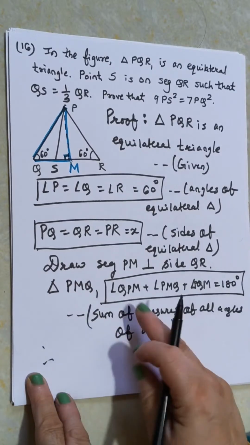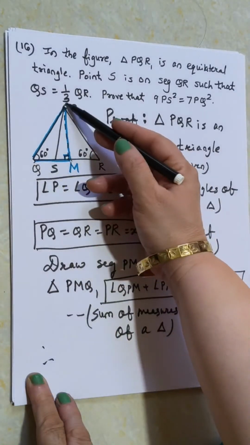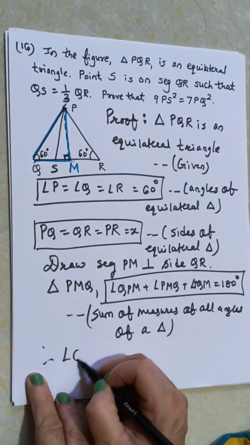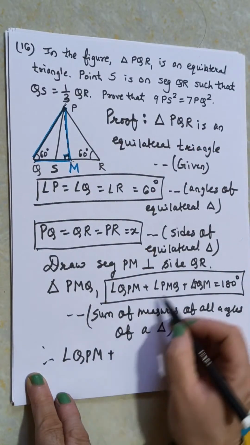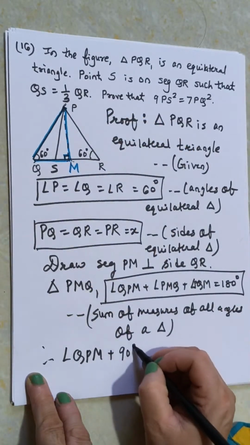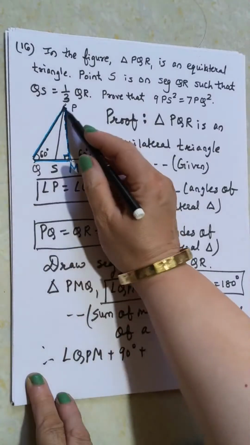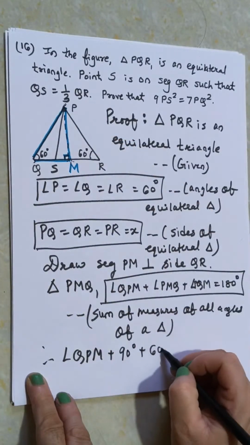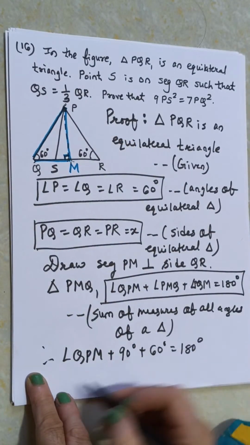Okay. Now what is QPM? We are going to find angle QPM. What is angle PMQ? PMQ is 90 degree. And what is angle PQM? PQM is 60 degree. That is equal to 180 degree.